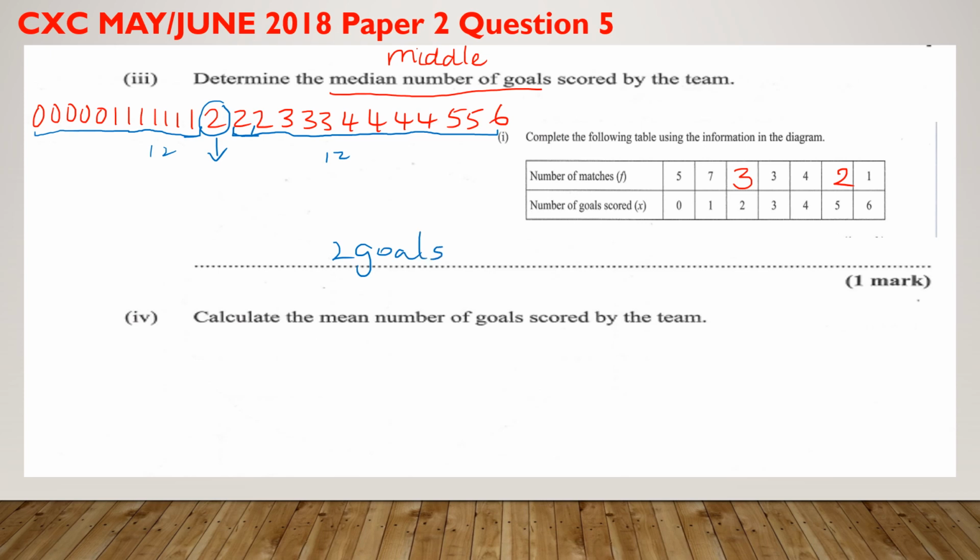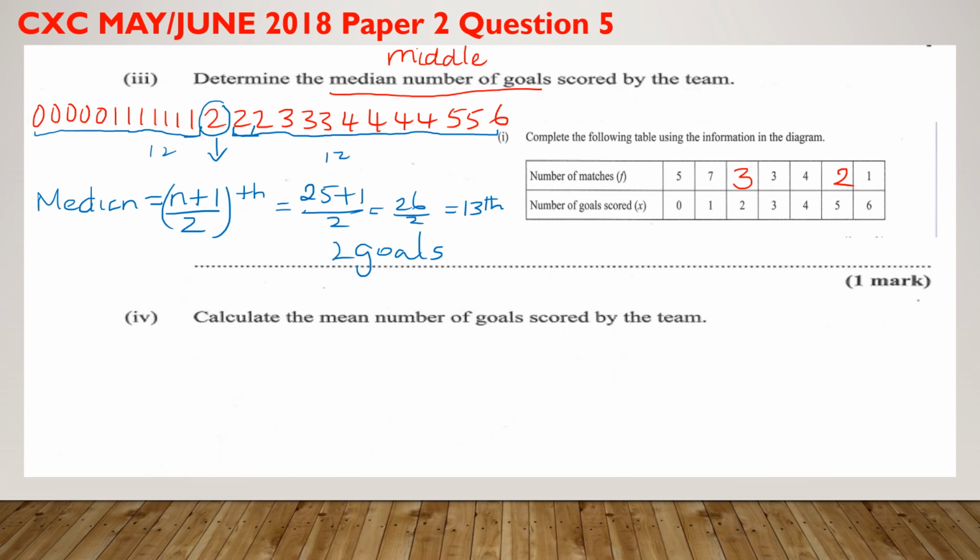There's another way of working that out. The median is equal to the n plus 1 over 2 term. So the sample size is 25 plus 1. That'll be 26 over 2. That's the 13th term. So when we count from the beginning, because remember for the median, you have to place the values in ascending order.